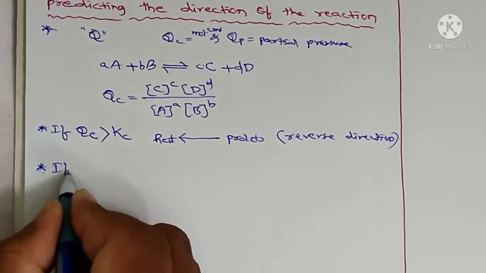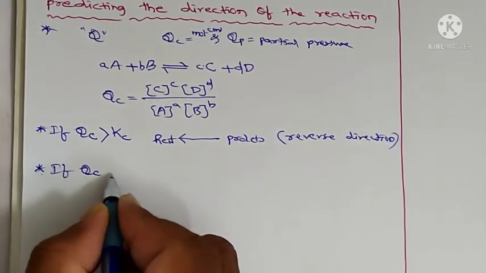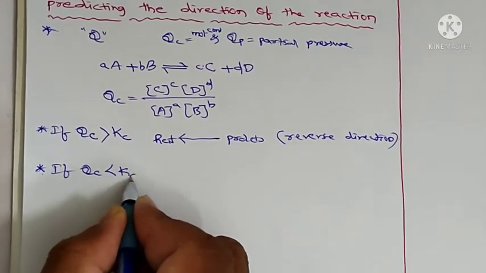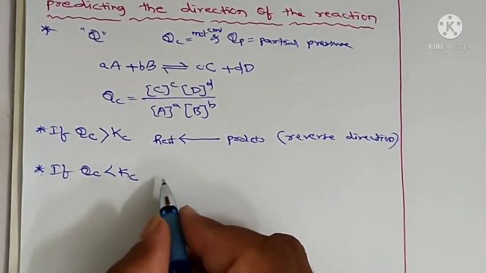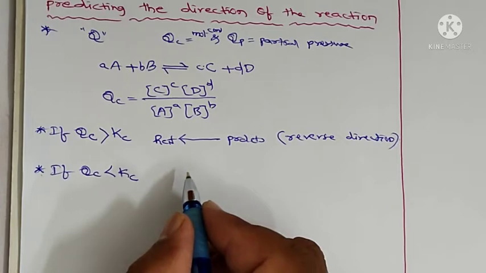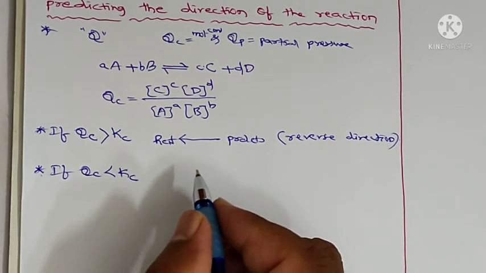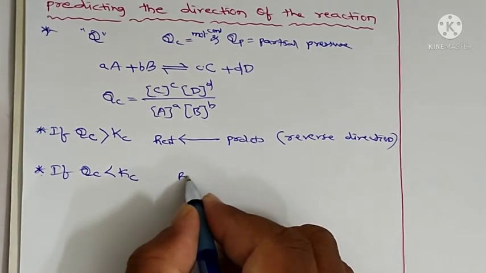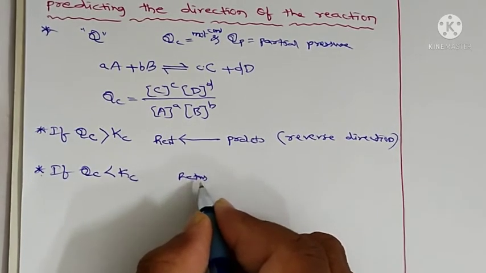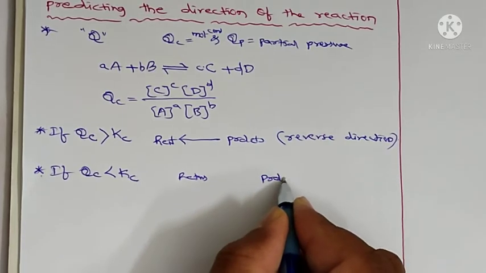Next, if Qc is less than Kc, the reaction will proceed towards products until it attains equilibrium. So here reactants and here products.